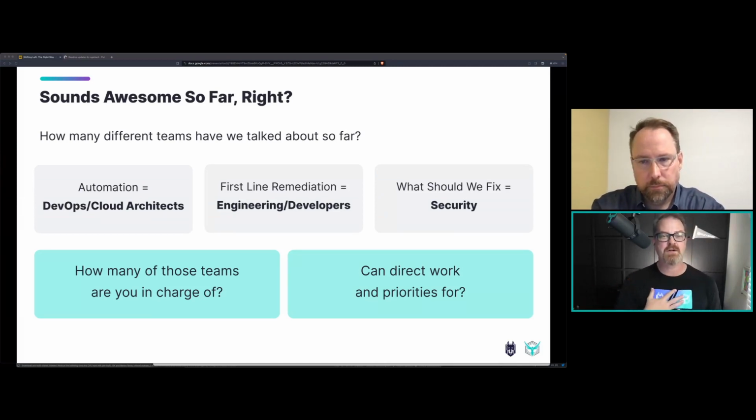But as a security team member, or a DevOps member or an engineer, how many of those other teams are you in charge of? How many can you direct work for? If you're thinking, I'm going to roll out this new process and the engineers are going to do all of the work, and you haven't talked about that, it's probably not going to be super successful.